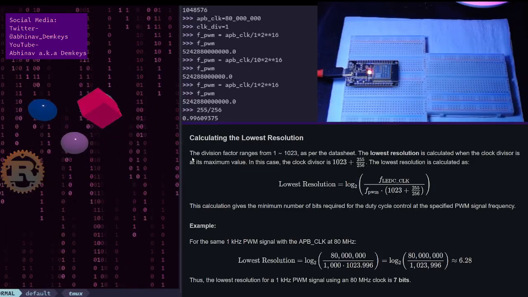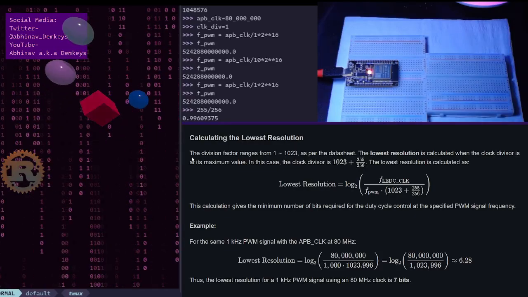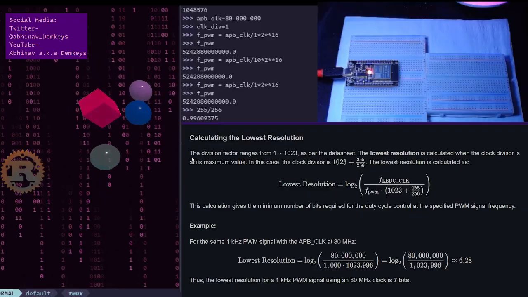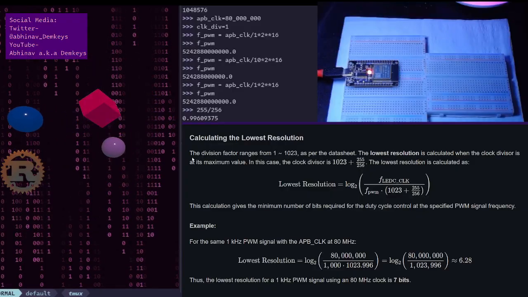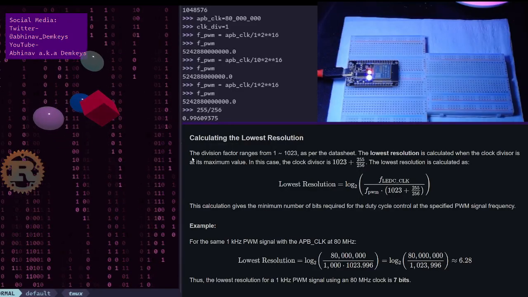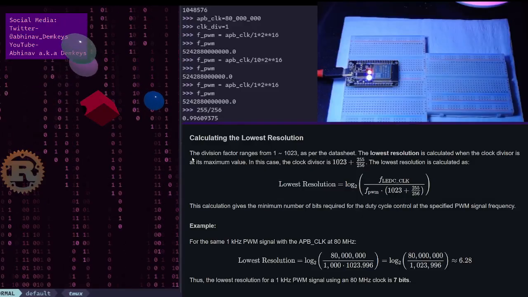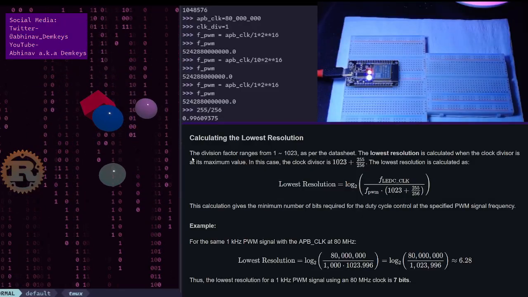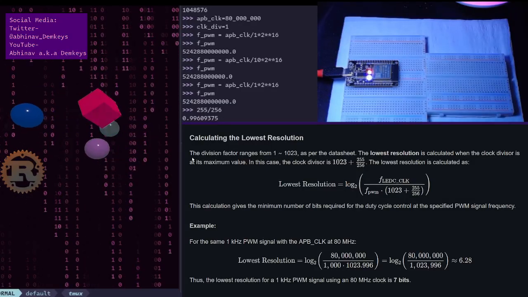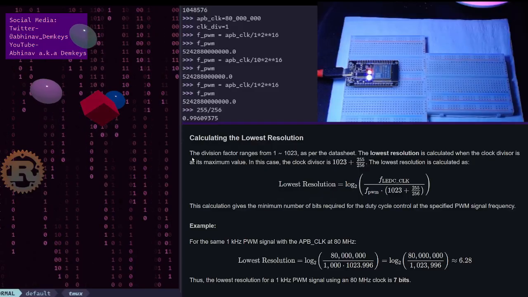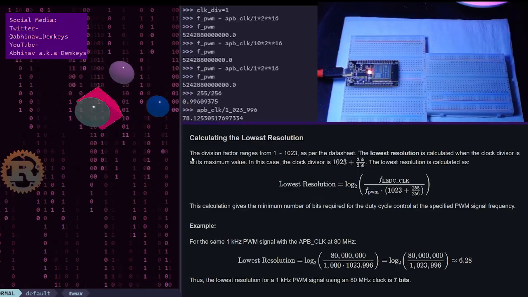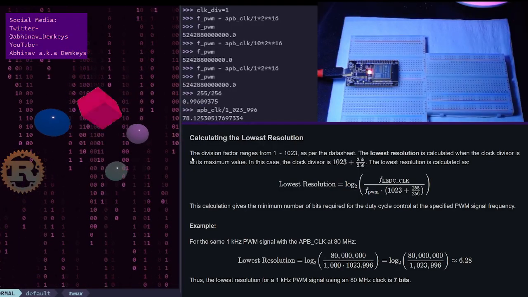So if I do APB_clock divided by 1,023,996, we get this. Why is that?